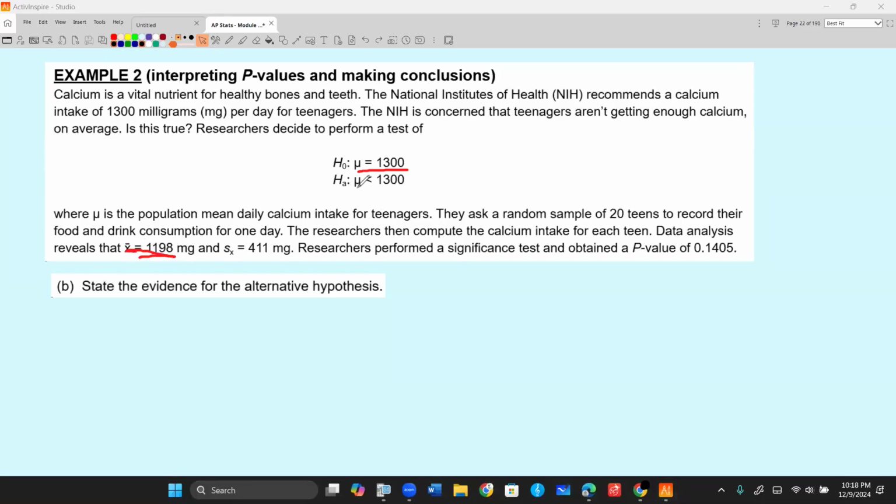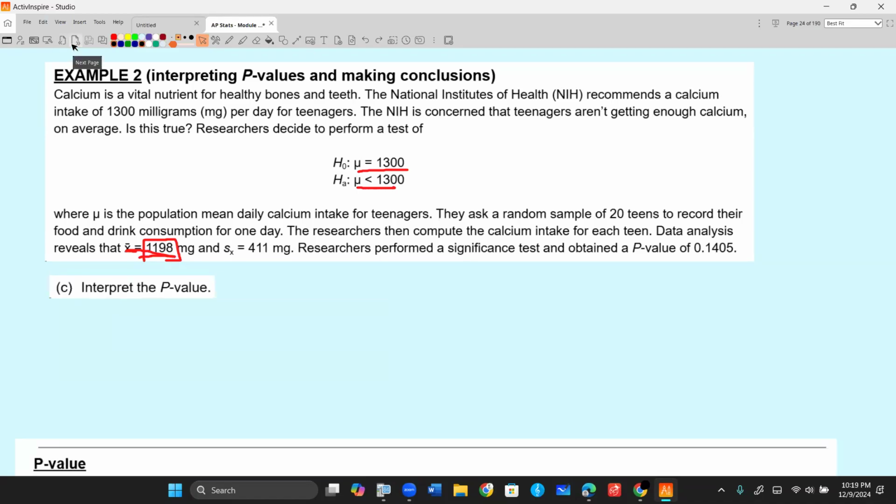Our alternative is saying the mean is less than 1,300, and our sample ends up being a number less than 1,300. So that literally is your evidence. The sample mean, 1,198 milligrams, is less than 1,300 milligrams. So we have something to give us a starting point. We can run a test and determine if we're going to have evidence to overturn this.